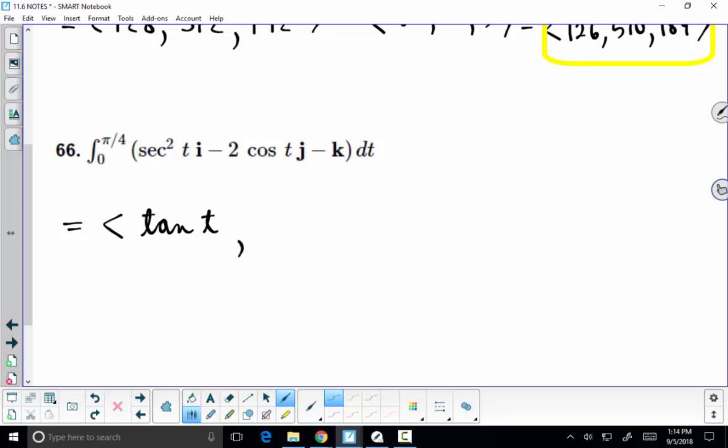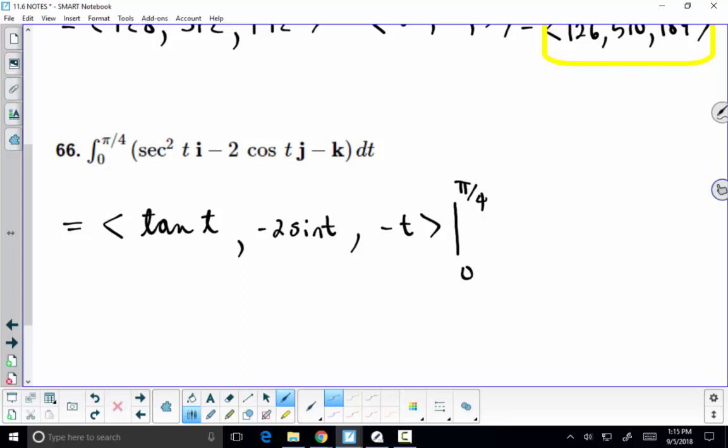And then integral of cosine is sine, that doesn't change. The sine, we leave it as a negative. And then integral of -1 is just negative t. Whoops. That's not the evaluation symbol we use. We go 0 to pi over 4.